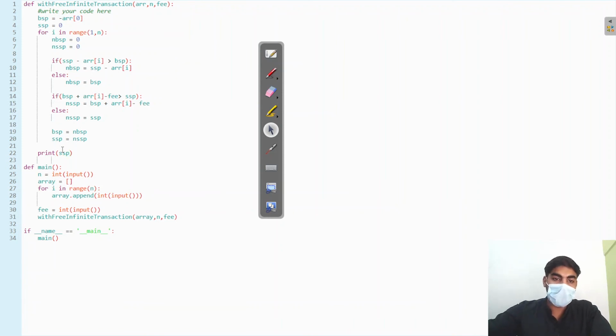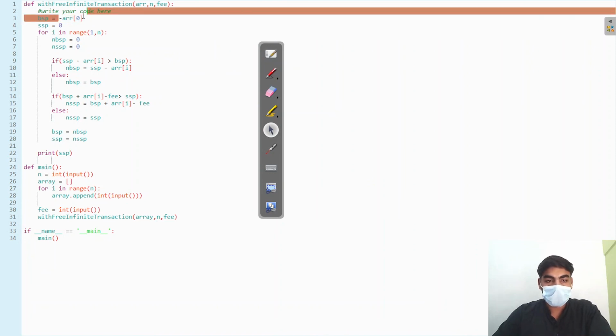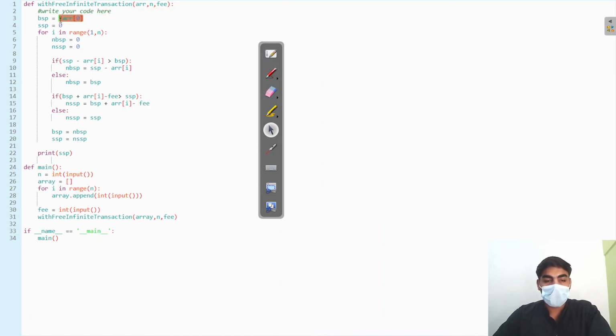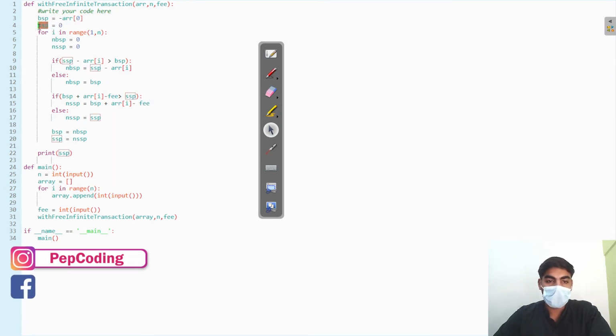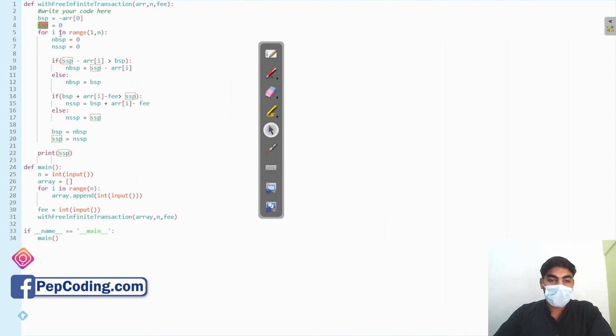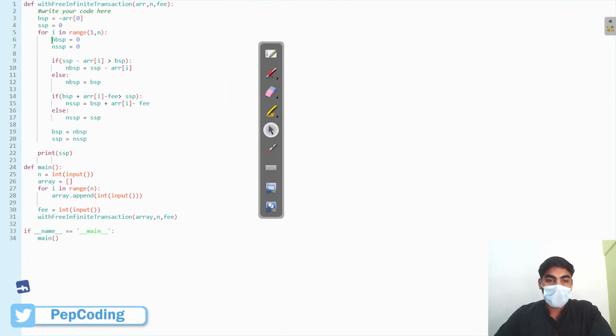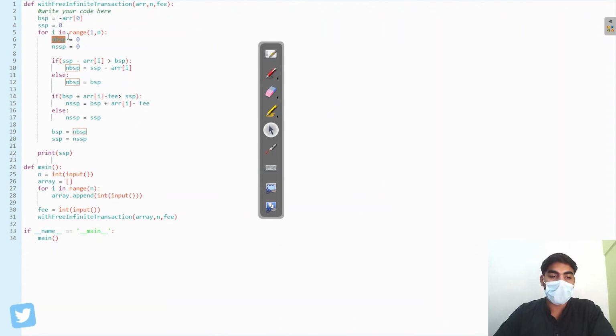I am again repeating it. What I am doing here is firstly buying the first stock, taking a loan of 10 rupees, equal to the price of the stock. So selling state profit is 0 in the starting. Now I start iterating, and firstly I create my new buying state profit and new selling state profit, and I check the condition for buying state profit.